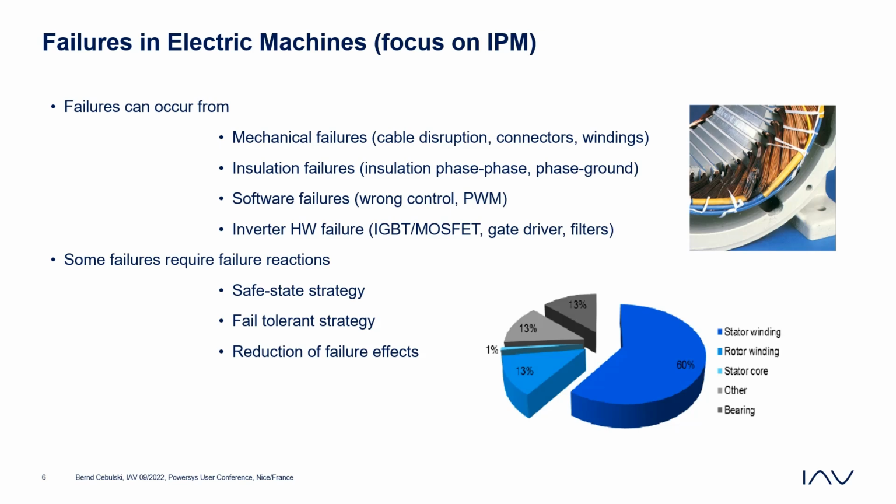And there are the hardware failures coming from the inverter, which is mainly IGBT or MOSFET failure, just by high current or durability or some overvoltage. But also gate drivers or EMC filters can be a cause of those errors. And not all of them, but some of these failures would require that you do something, because there's a real driver sitting in the car.